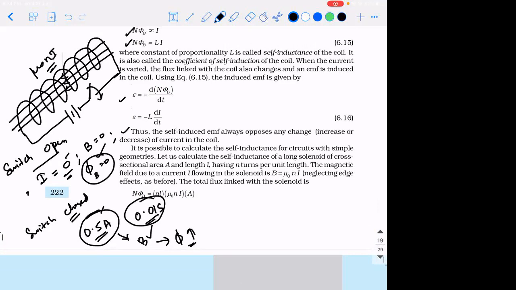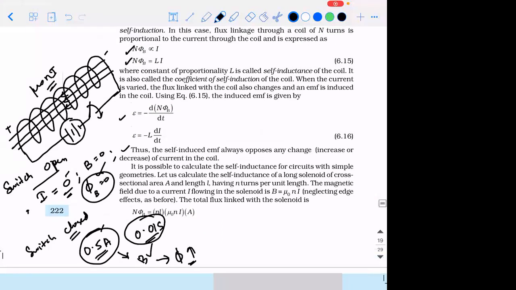Change in magnetic flux. When there is a change of magnetic flux with respect to time, what will happen? EMF is induced. Correct? So apart from the already existing voltage, there will be a voltage which will get generated at the ends of this conductor or at the ends of this solenoid.